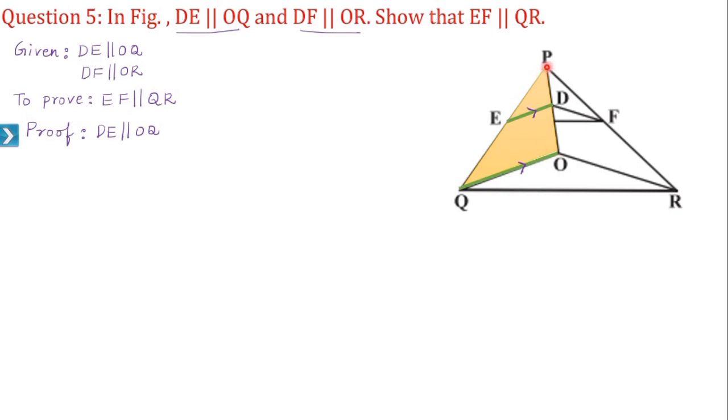DE is parallel to QO, therefore DE divides sides PQ and PO in the same ratio. That is, PE by EQ is equal to PD by DO.